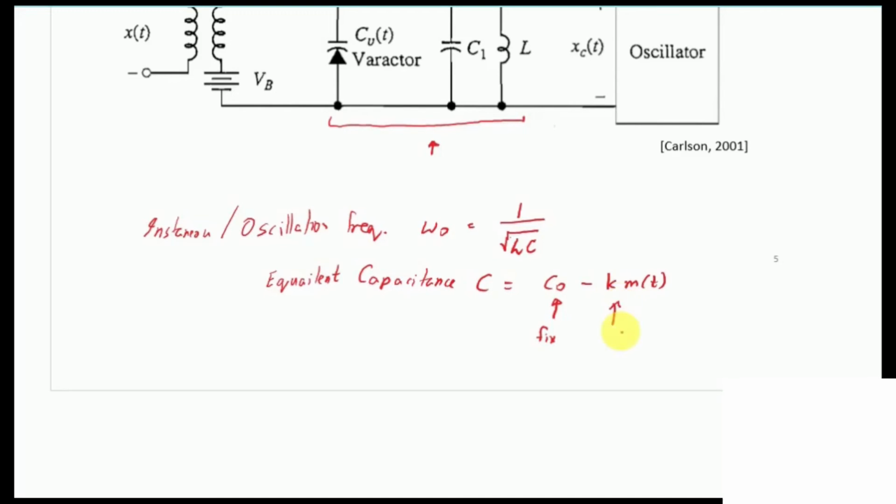K is the constant which deals with the sensitivity of the perturbation in equivalent capacitance using m(t), right? m(t) and x(t) both represent the message signal.